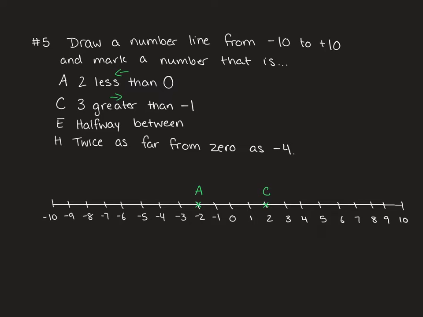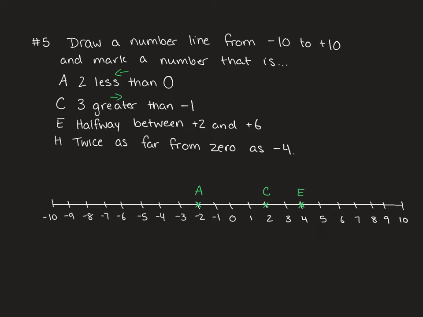E is halfway between, oh, and I forgot to write the two numbers here, positive 2 and positive 6. So if I look at positive 2 and positive 6, halfway between is positive 4. So I'll mark that and label it E.